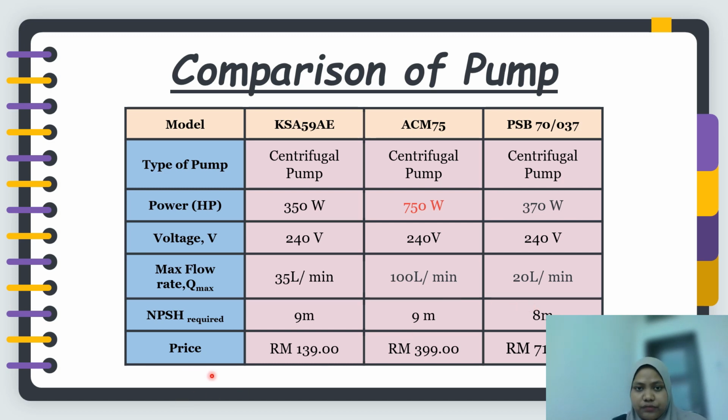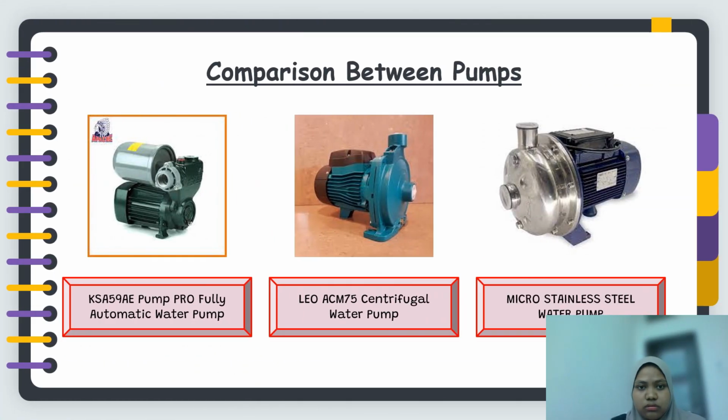And the price for each model, the most expensive is the third model, which is 710 ringgit. For the second model, we have 399, and the first model has 139 ringgit. So these are the comparisons between all these pumps.